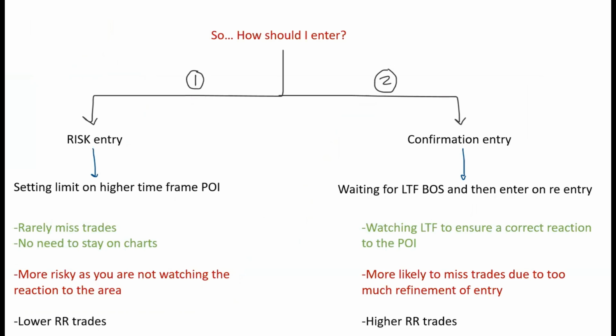Like I said in the Wyckoff example and how to improve your win rate, if you're using Wyckoff all the time, you're going to be missing a lot of trades because your entry might not be hit in that last phase. It's the same thing with market structure. You're most likely going to be missing trades if you refine too much.